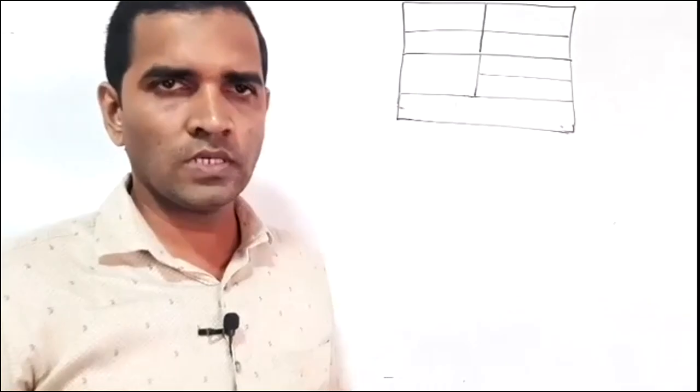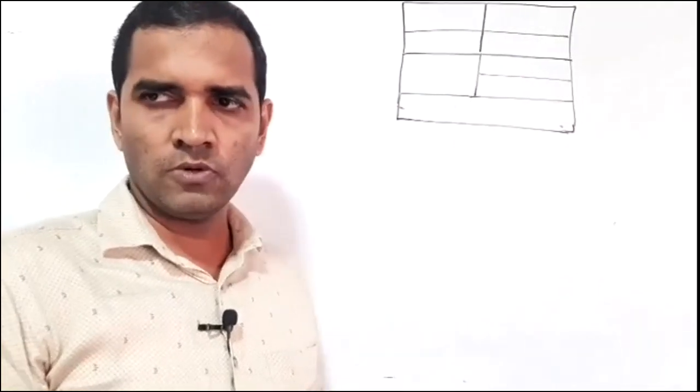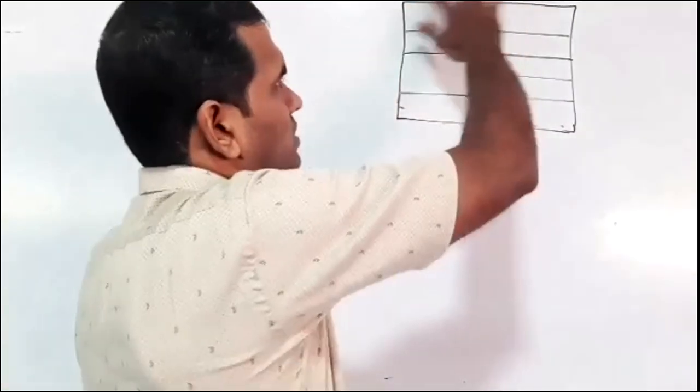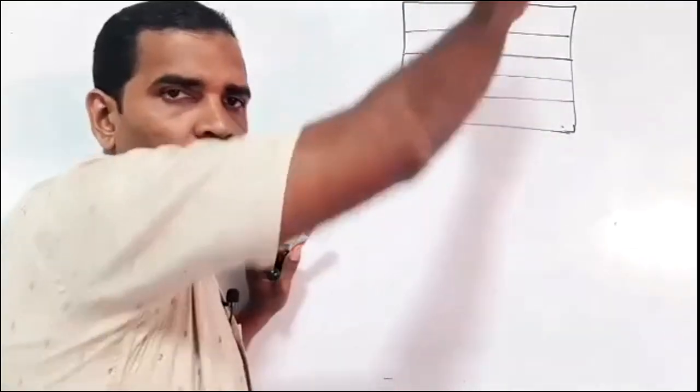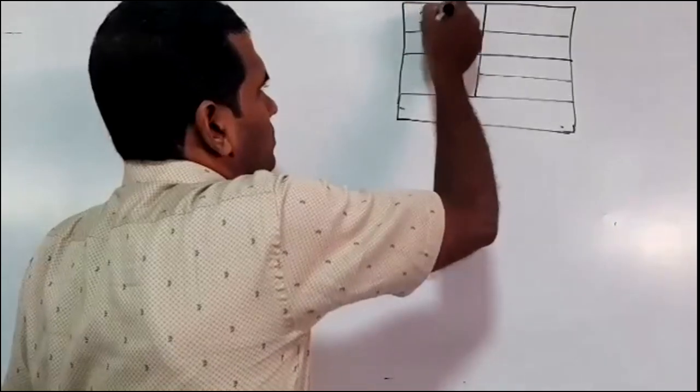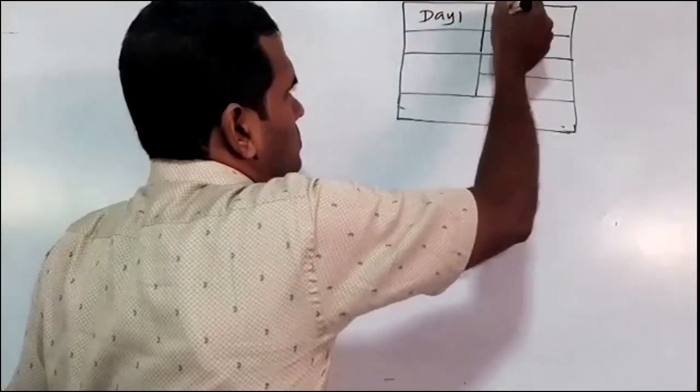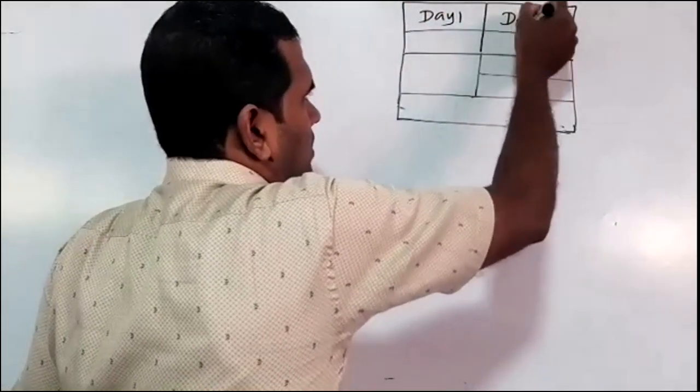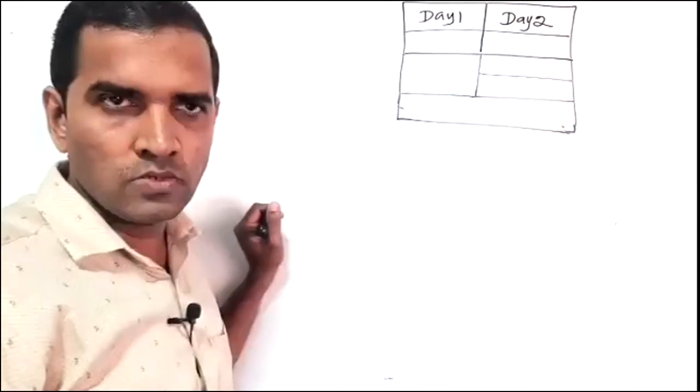In HTML, borders are slightly different, but I put normal borders. I just want this small table, no heading needed. So this is day 1, day 1, this is day 2. These are the heading columns, day 1 and day 2.